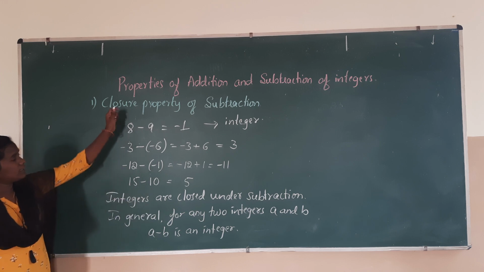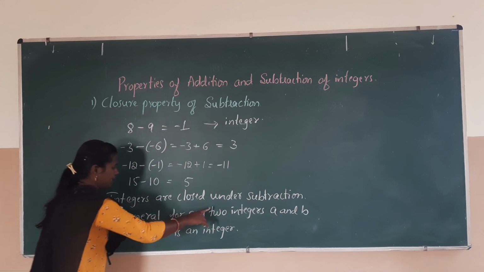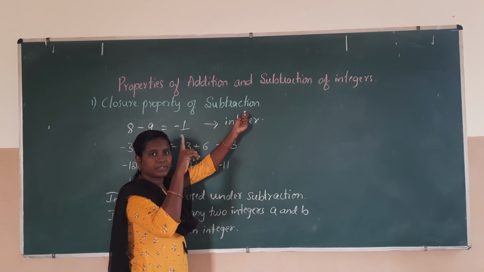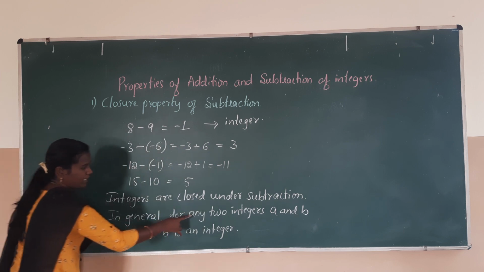For the closure property of addition, I forgot to write this line. Integers are closed under addition. For that addition, write it. So this is in general for any two integers.